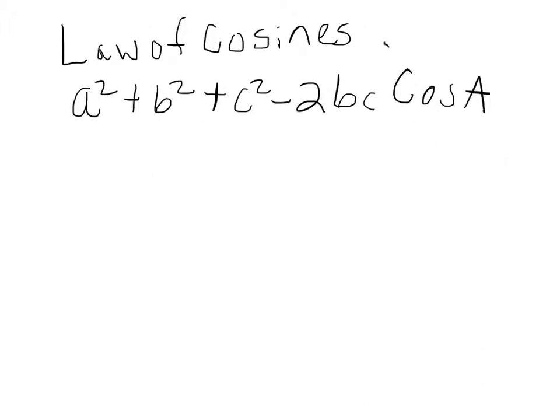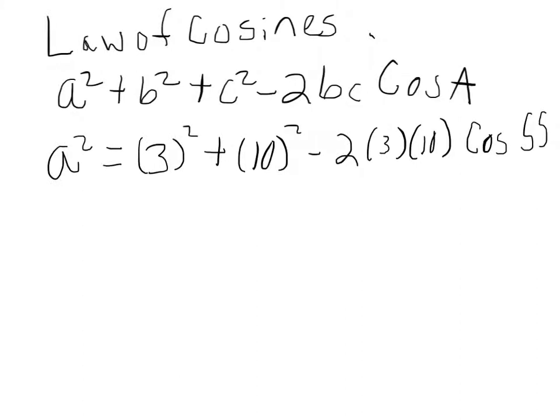We will be using the law of cosines to solve this triangle, and we will use the equation a squared equals b squared plus c squared minus 2bc times the cosine of A. We can plug in our 3 and 10 for our b and c values. When we plug in those numbers, it gives us a squared equals 3 squared plus 10 squared minus 2 times 3 times 10 times the cosine of 55.